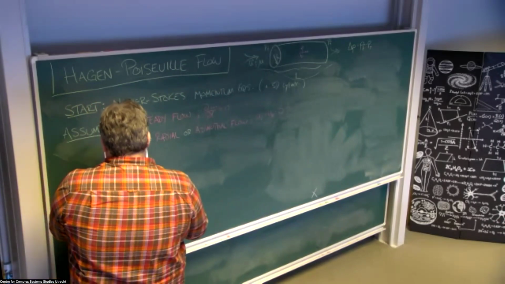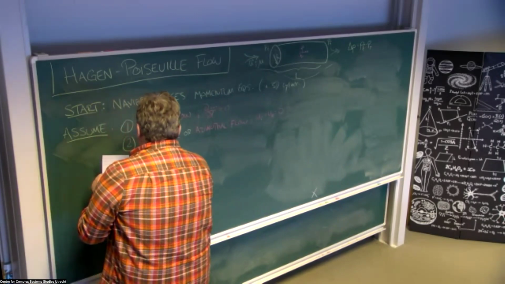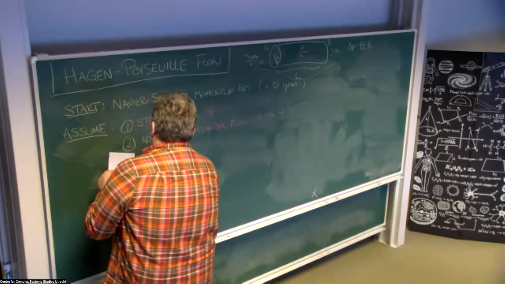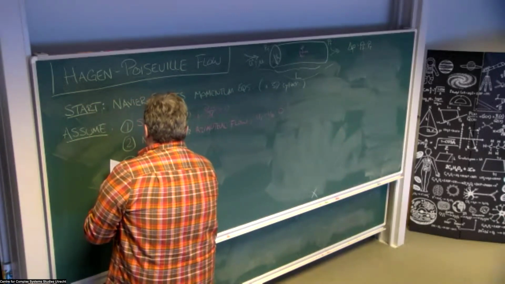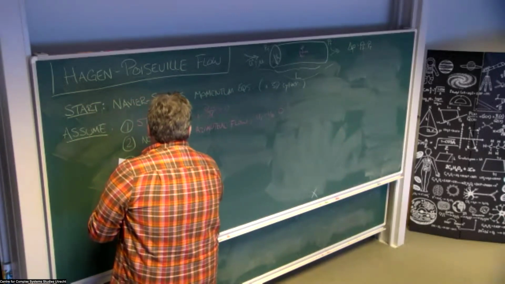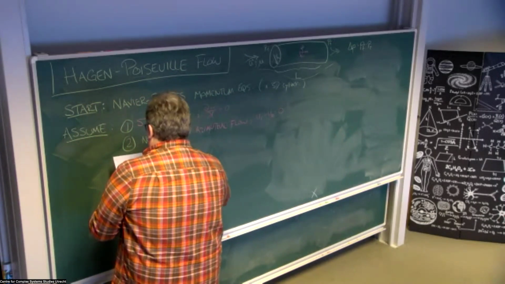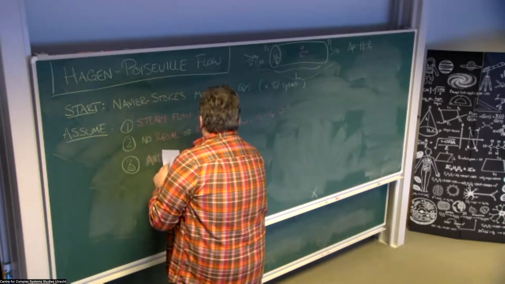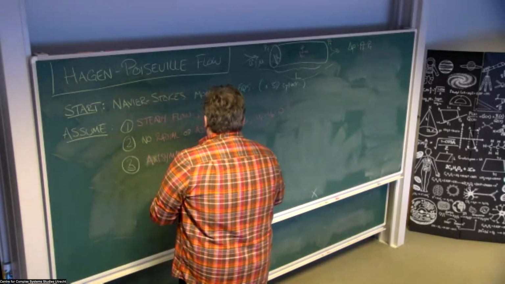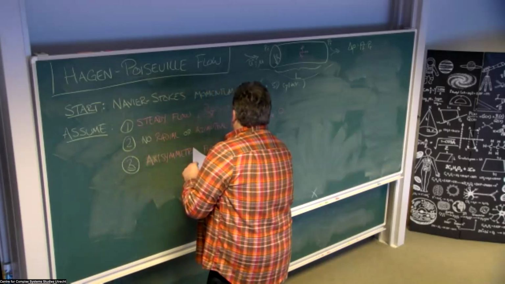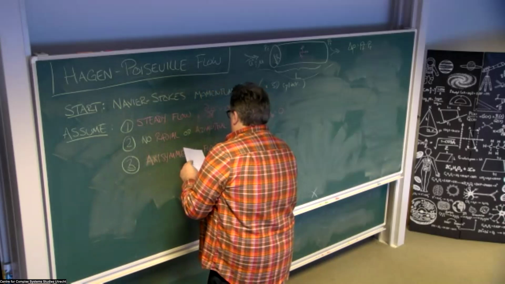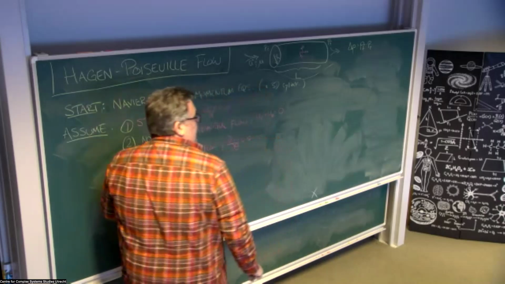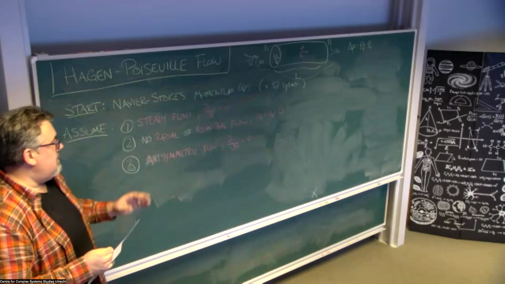Okay, next assumption is the flow is axisymmetric. That means that any derivative of any quantity in the system with respect to the azimuthal coordinate would also be zero, so that everything has axisymmetric symmetry.